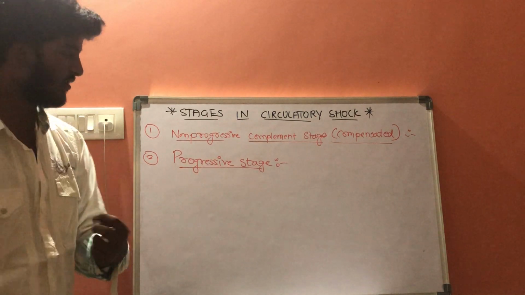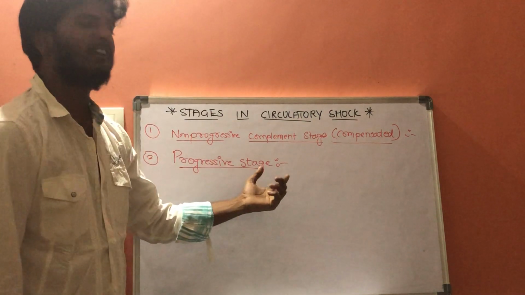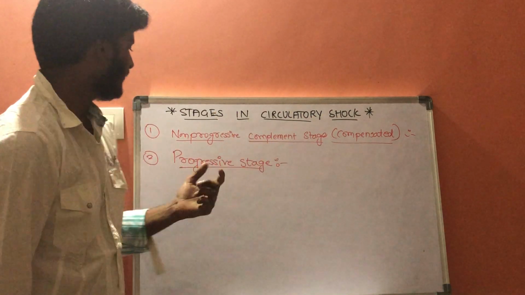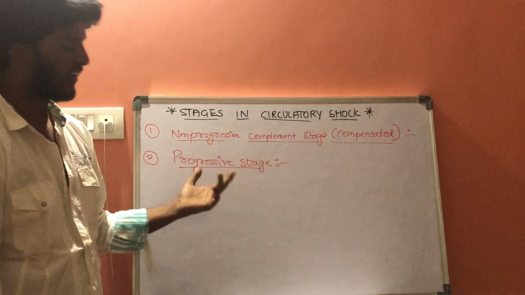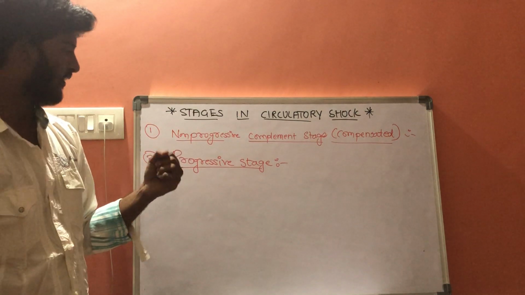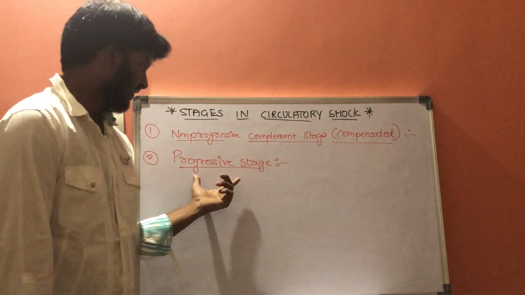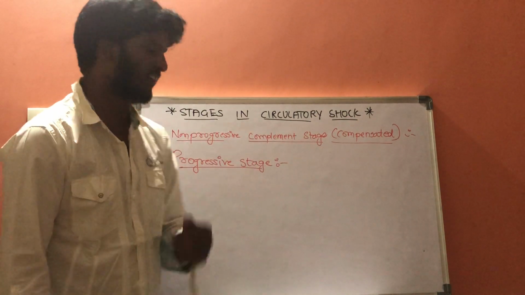In the progressive stage, the compensatory mechanisms which were activated will fail. That is, the renin-angiotensin system cannot activate, sympathetic outflow cannot activate, and ADH hormone cannot activate. In this way, this is the progressive stage where compensatory mechanism action is decreased.